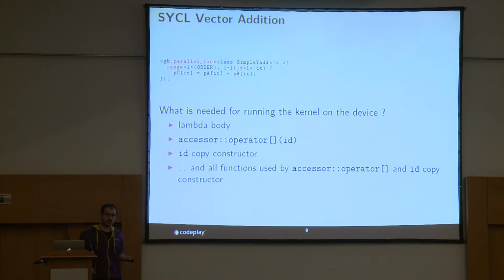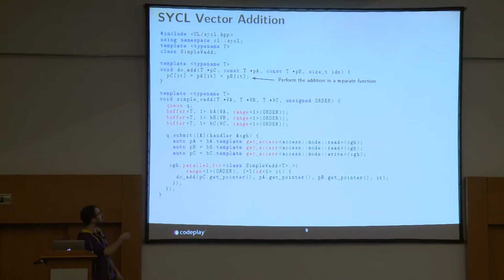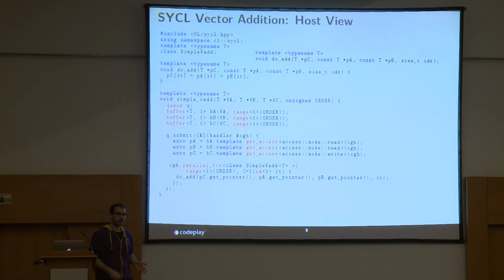OK, that's fairly simple. Now, we still have pointers wandering around. Let's say we want to use legacy code that needs to access raw pointers. So I just changed my code, and instead of performing the additions here as before, I'm performing them in this function and just giving it the raw pointers. That's simple. If I'm compiling for a device, I need to get this prototype because nothing has changed.